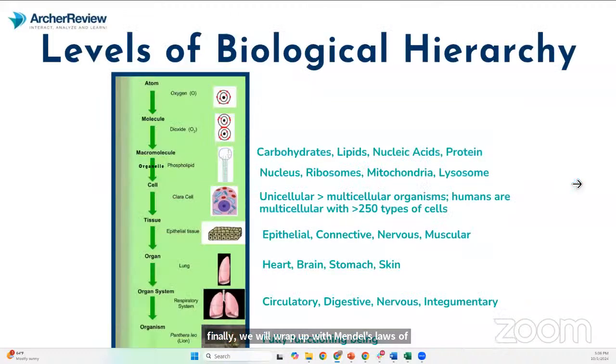One of the things that's so important for us to understand is to get a gist of biological hierarchy and where biology fits into that whole picture. So for levels of biological hierarchy, we really start at the smallest, most basic, that's an atom. That's something like oxygen, hydrogen, carbon. Then atoms can combine to form molecules.